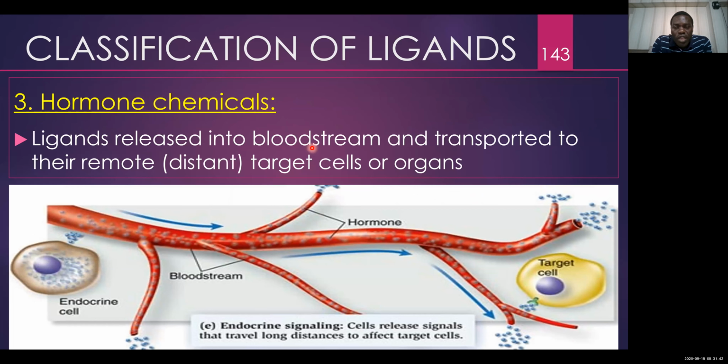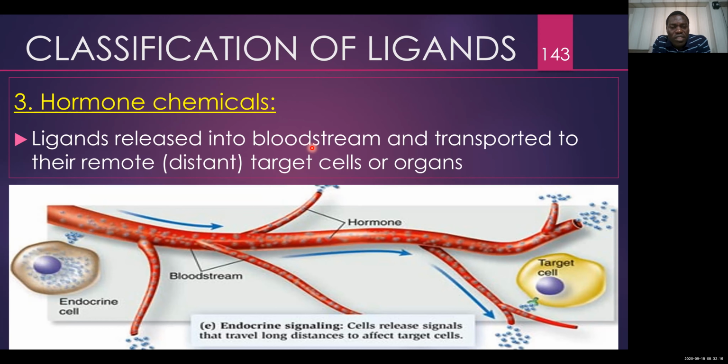So the only way in which that chemical can reach the target cell is if it is transported through the bloodstream. Therefore, the secretory cell must release this chemical into the bloodstream, and the bloodstream will then transport that chemical from the site where it has been released, all the way from the secretory cell to the target cell.